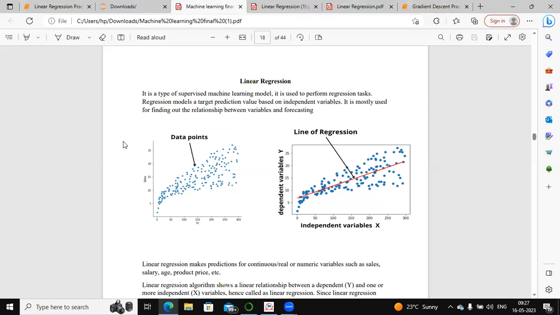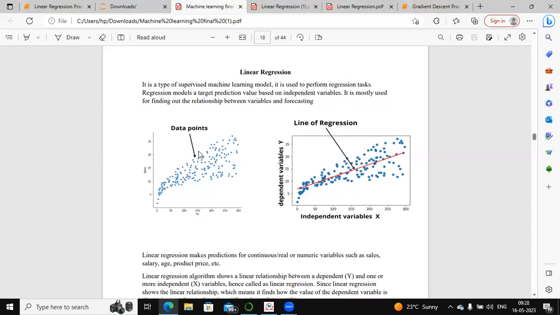You are drawing a regression line in such a way that most of the data points are covered and most of the data points are within, above or below, the linear regression line. Here we will consider independent variables, and how the independent variables are defining the dependent variable. So we will see that.